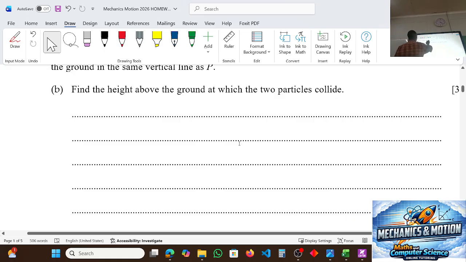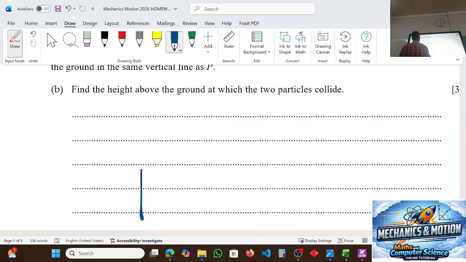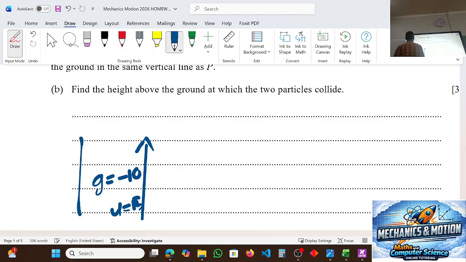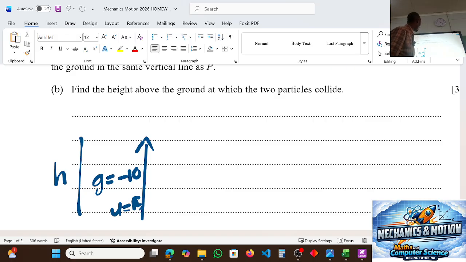So I've got a scenario where one particle has been projected with an initial speed 15, and we know that it's going with a negative acceleration, but we don't know what height h it is going to reach from the ground when it collides with another particle Q.